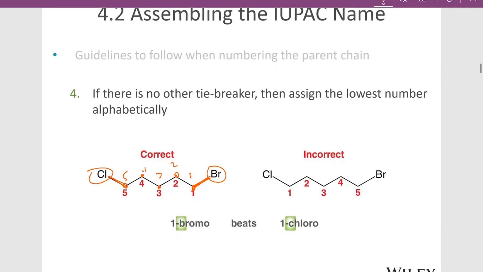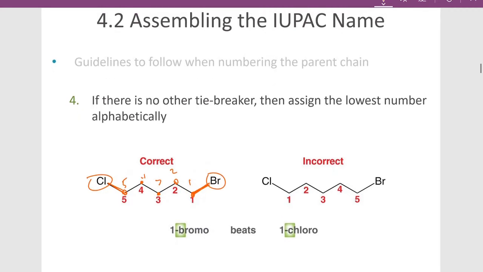This is a 5 carbon chain, and the substituents are chlorine and bromine. So either the chlorine or the bromine could be given carbon number 1, depending on which way you start numbering the molecule. On the right here, we have the same 5 carbon chain, and we have chlorine versus bromine that we could give as carbon number 1.